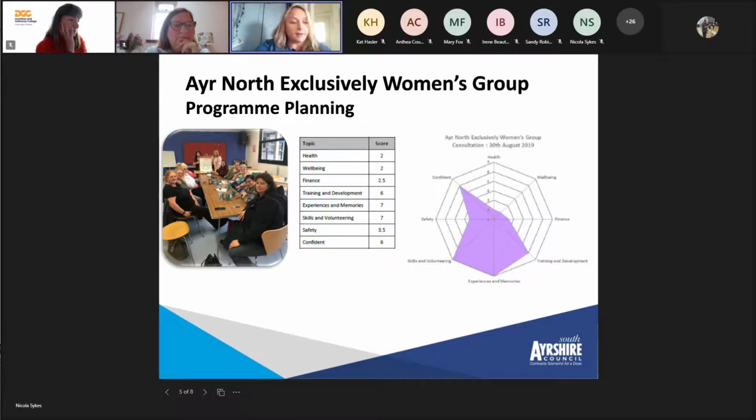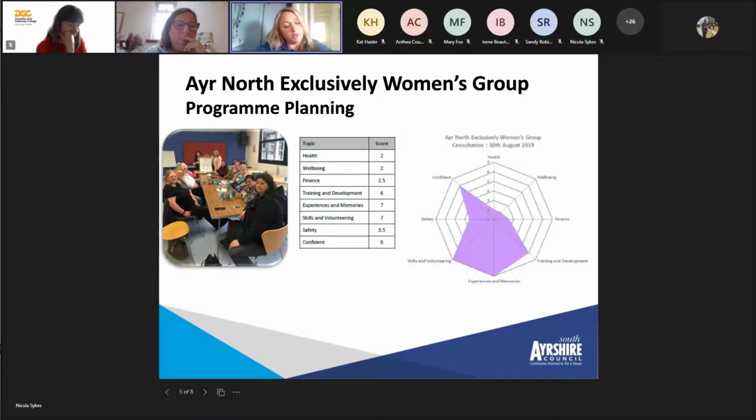We adapted the toolkit and put the topics listed in the table into it as the headings, and we used previous themes and questions within the toolkit, with a view to using the group discussion to form the programme going forward, and individual results on the sheets to develop personal development plans for each of the women going forward.